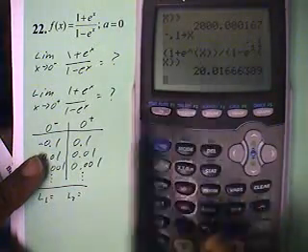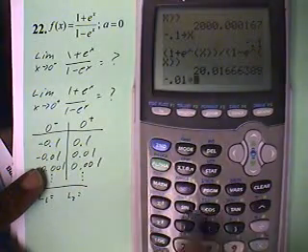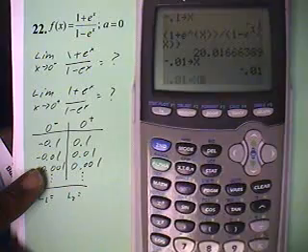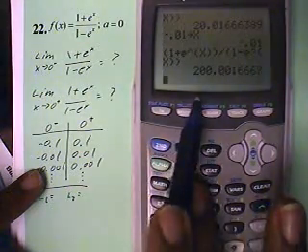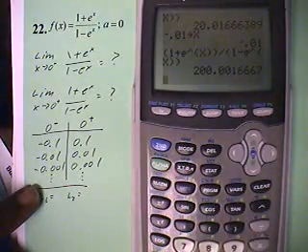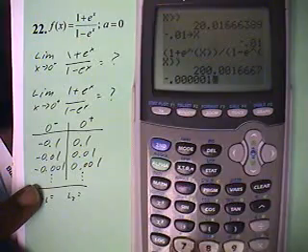Okay, let's change the value of x to negative 0.01, store x, and bring the equation back, second function enter, second function enter. And now I have 200. It's getting higher. Let's try a very close number, negative 0.000001.